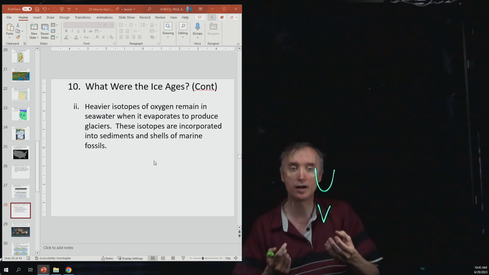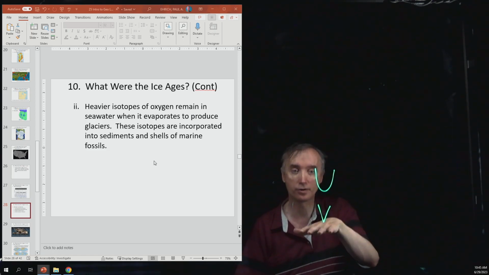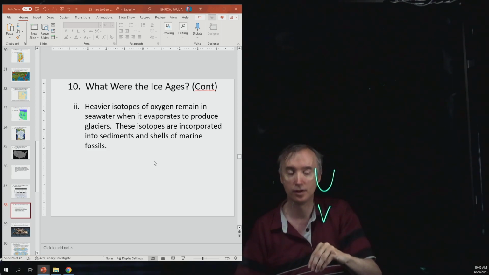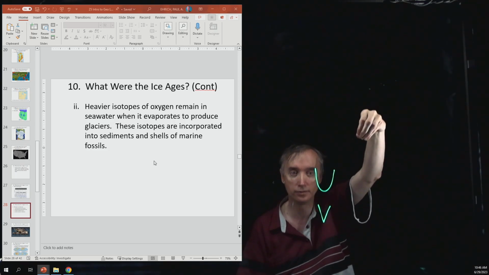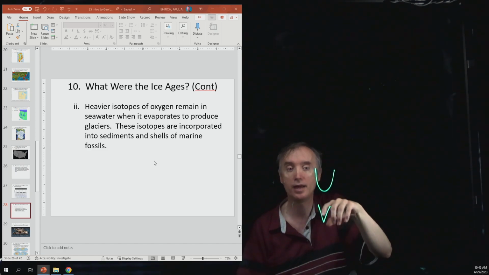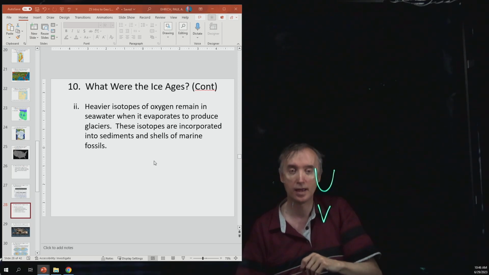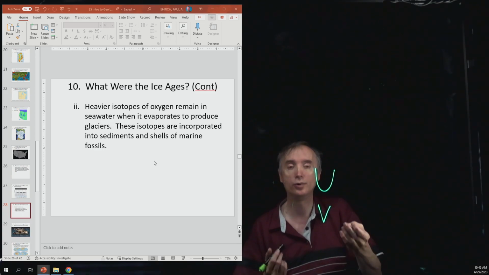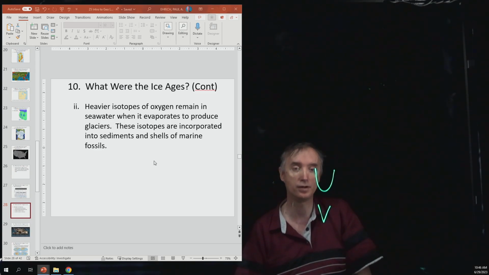If you've got different kinds of isotopes in the ocean water, and then an ice age occurs that pulls water out of the oceans, that's going to leave behind heavier isotopes. Those heavier isotopes can be incorporated into the shells of organisms, and when they die, they leave behind fossils. When we look at the fossils, we can determine the temperature of the ocean when that organism was living.